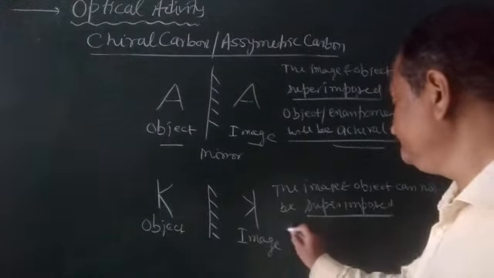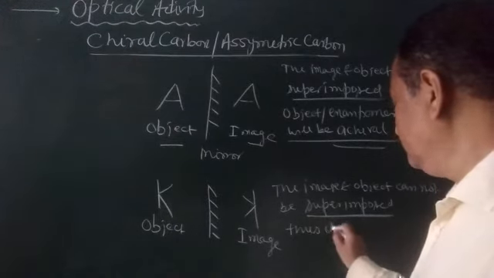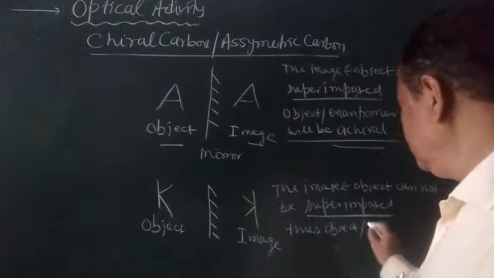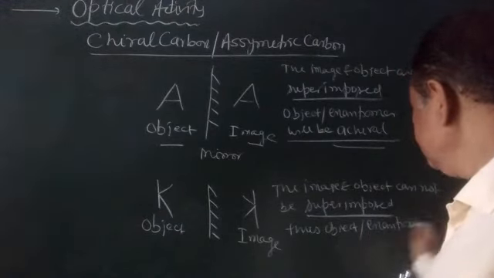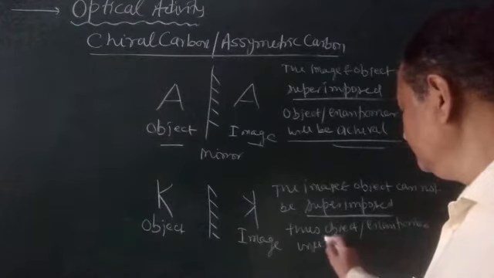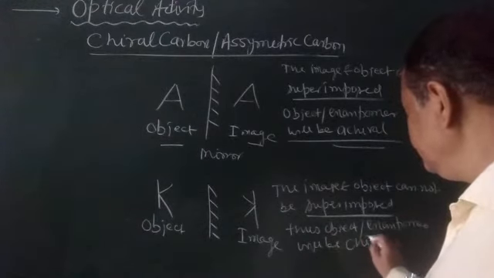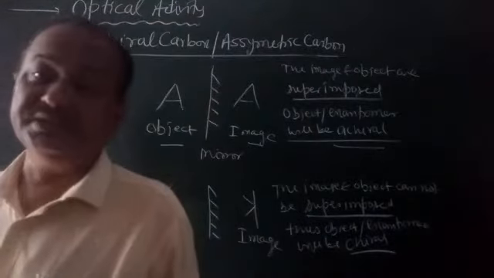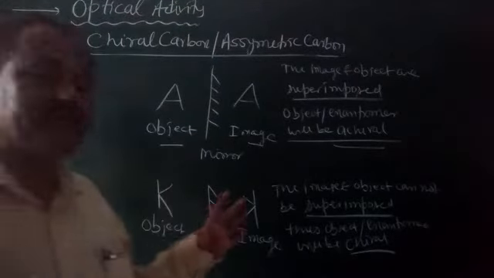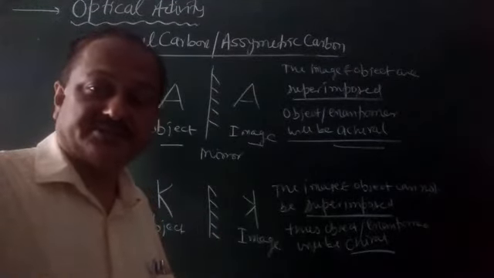So thus the object or enantiomer will be chiral. Chiral means it will exhibit optical activity. Optical activity will be exhibited. So this is the second condition.